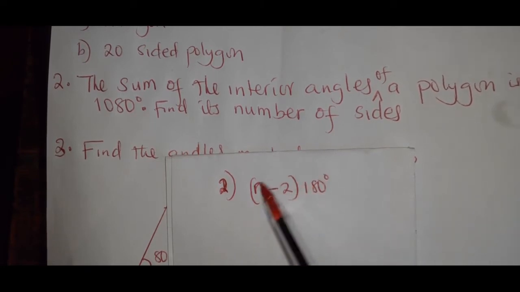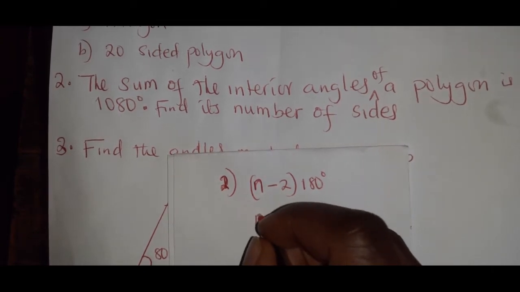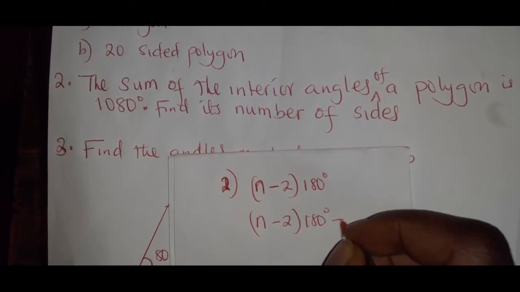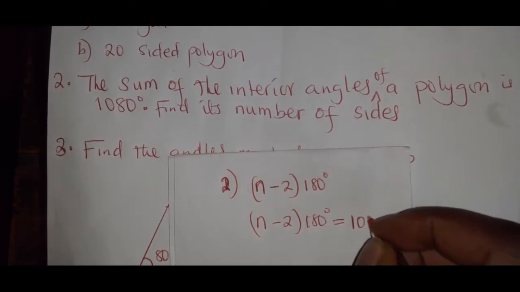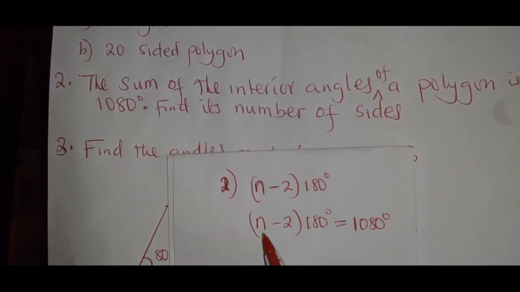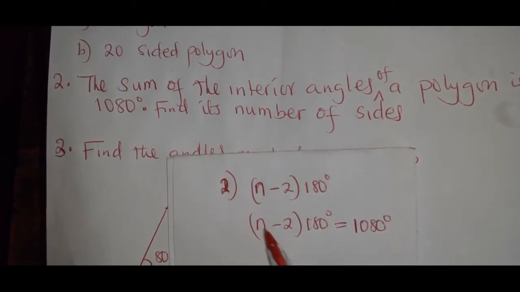In this case, we have been given the sum. So we're going to say n minus 2 multiplied by 180 must give us 1080 degrees. Are we together? Now we want to find the number of sides. The number of sides is this n. How do we find this n?